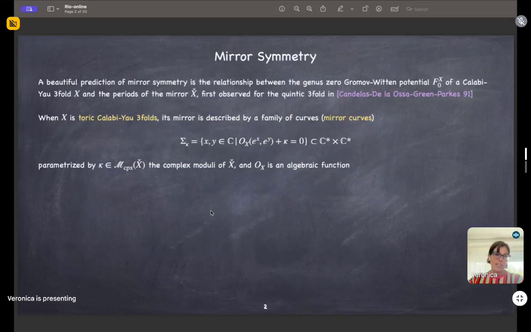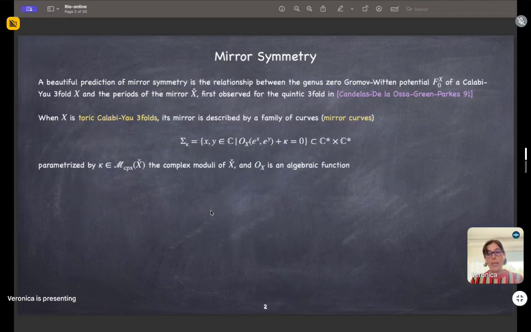We are in the context of mirror symmetry, and as you might know, one of the first and, I think, most beautiful predictions of mirror symmetry, which goes back to the work of Candelas, De La Ossa, Green, and Parkes for the quintic threefold, is that if we want to compute the genus zero Gromov-Witten invariants of a Calabi-Yau threefold X, this can be done by looking at the periods of the mirror Calabi-Yau. By looking at the periods, I mean really solving a differential equation like the Picard-Fuchs equation.